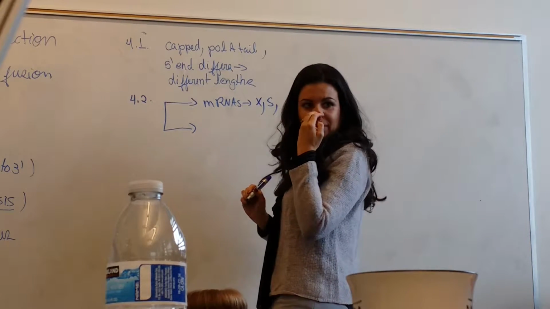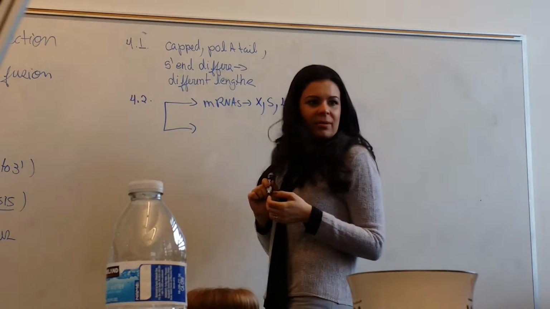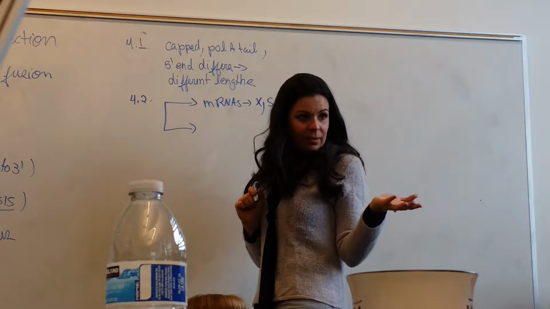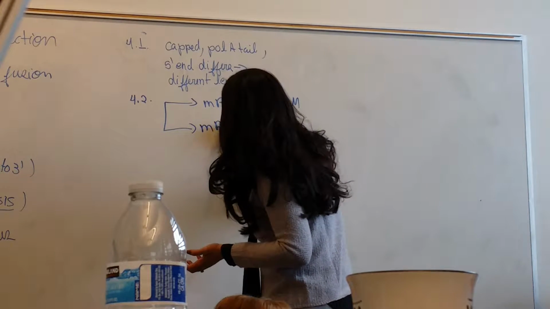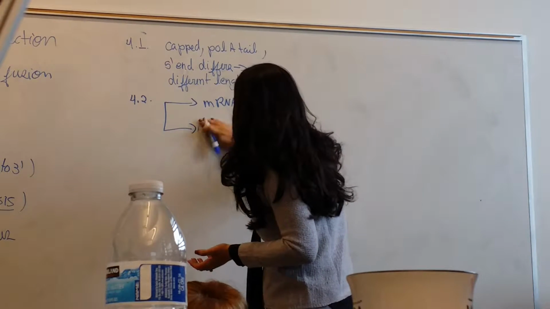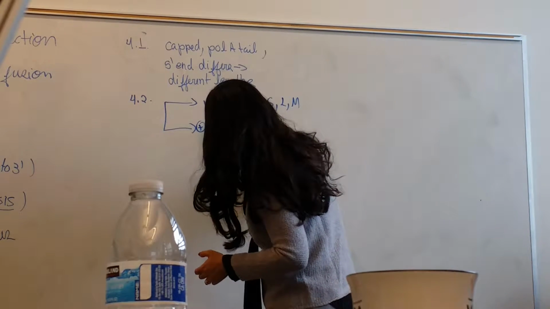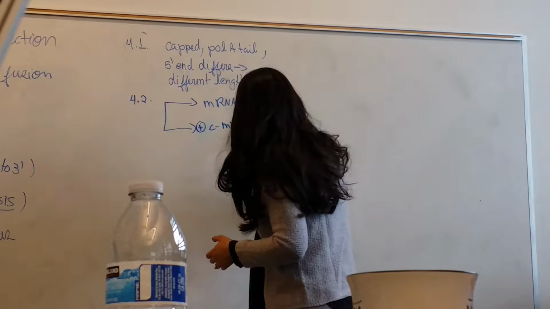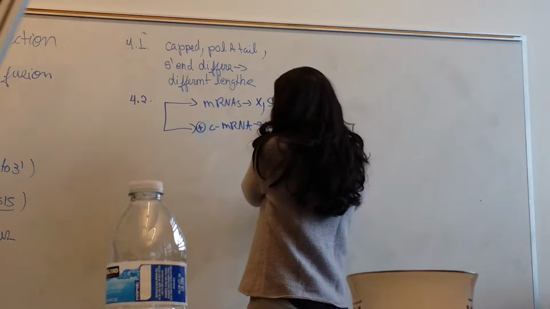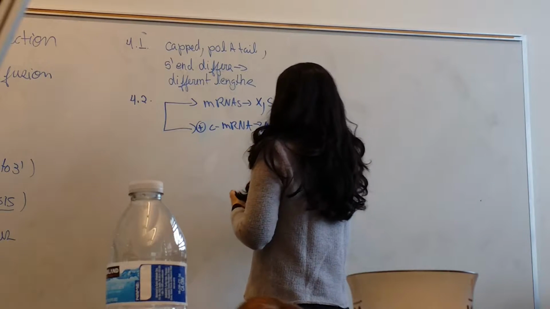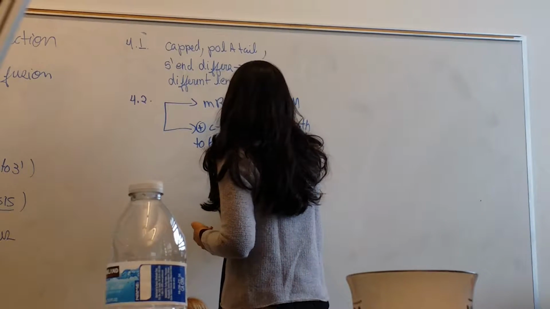Remember that? We're going to produce LM proteins. Okay. And we're going to have messenger RNA that is a positive-sense messenger RNA, which is a full length to be used as a template.